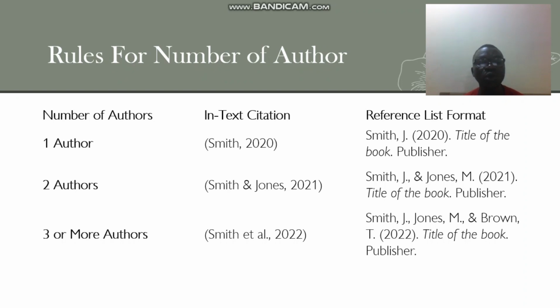It tells whoever is reading that there are three or more authors that did that job, and then of course followed by the year in the same bracket like you're having it here. And also on the reference list format, you can see that this is what we are having here. Exactly this format is what has to be followed.